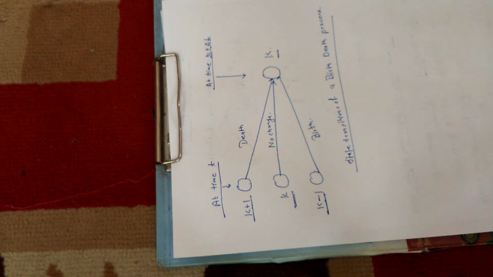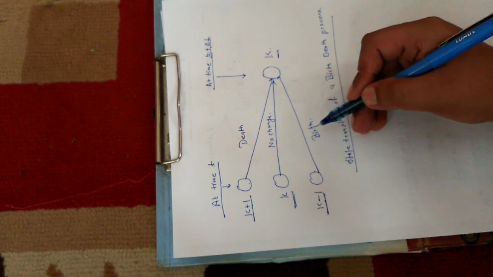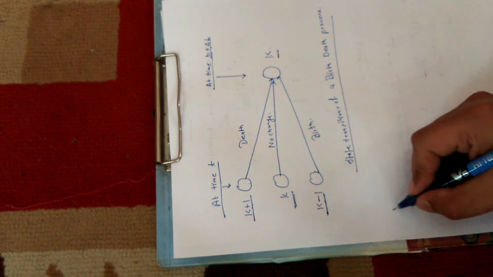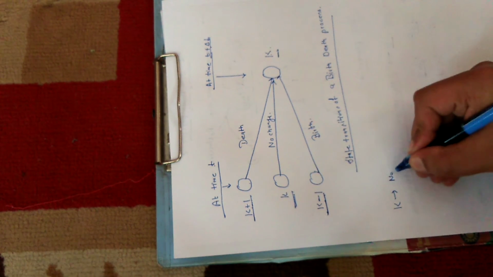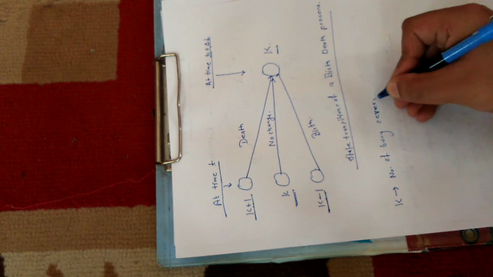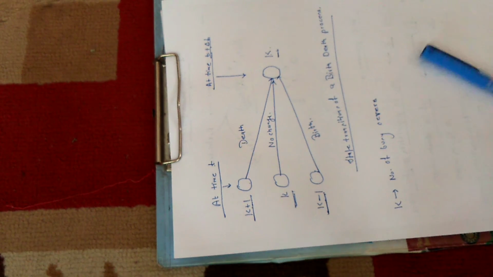A telecommunication network, therefore, can be modeled as a BD process, where the number of busy servers represents the population. It means k represents the number of busy servers, or the population.